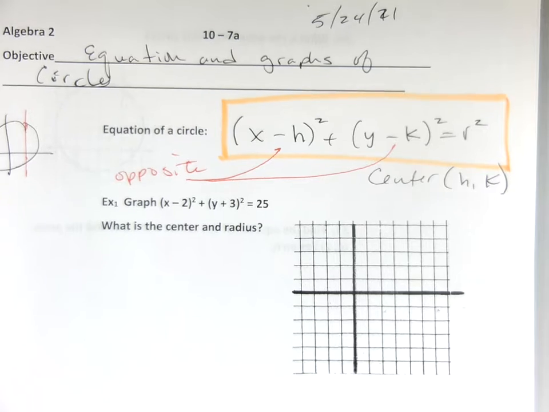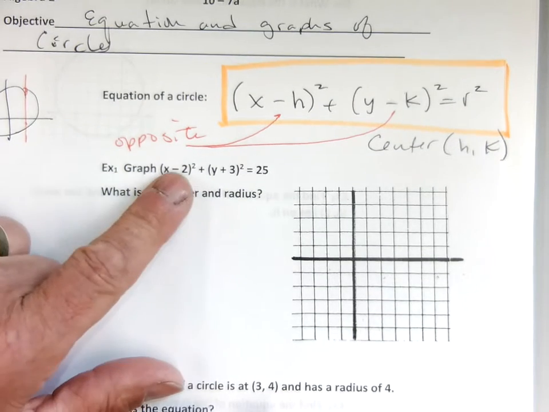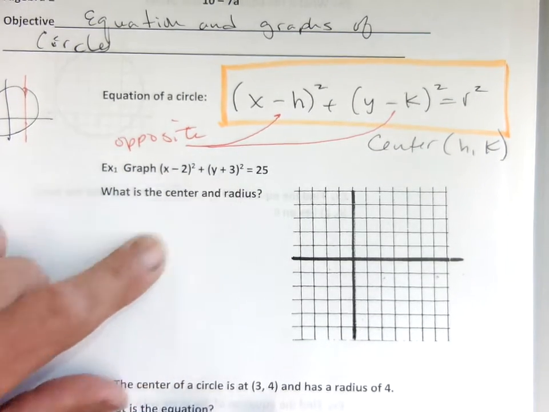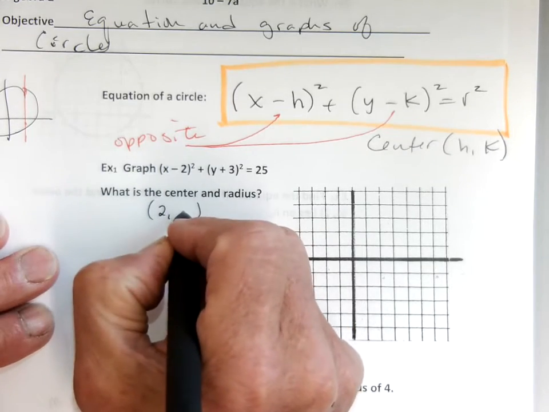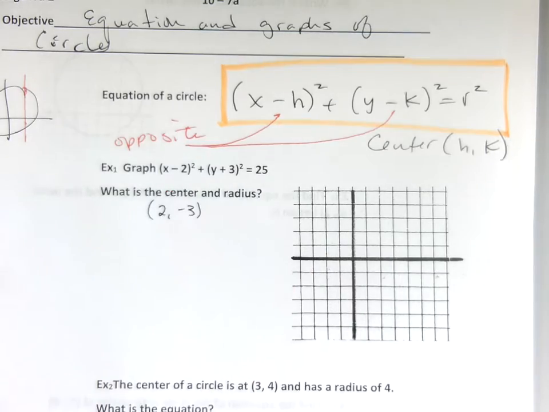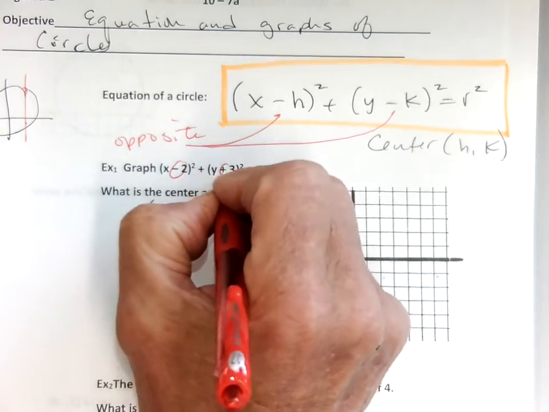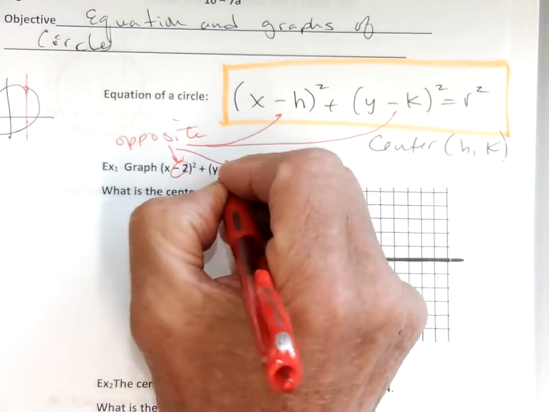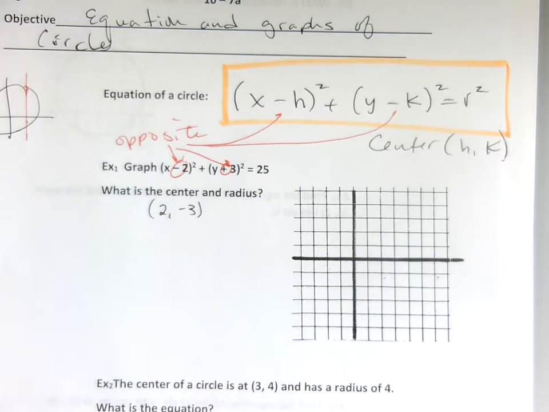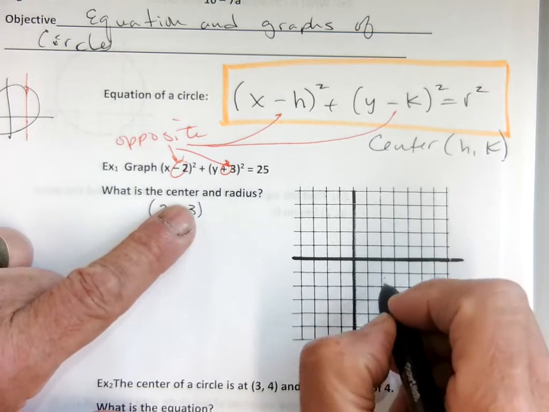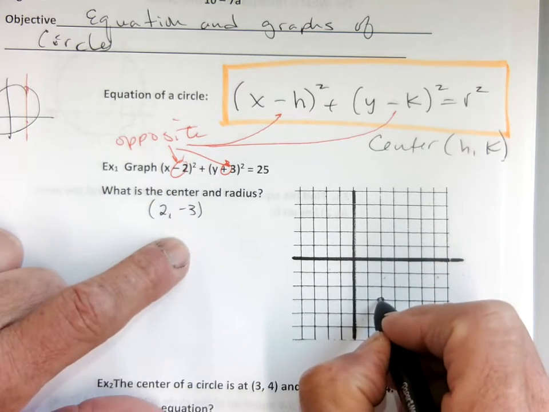So if I look at example 1, the center's at 2, negative 3. See the opposite? So my center is at positive 2, negative 3, because it's just the opposite, right? It's got to be the opposite of those, okay? All right, always. So then I'm going to go to point 2, negative 3. And there's the center of my circle.